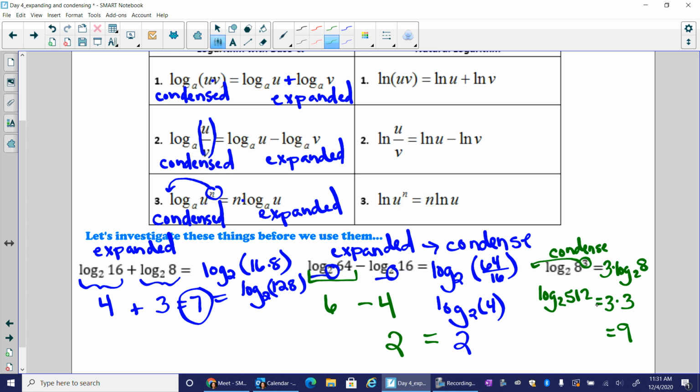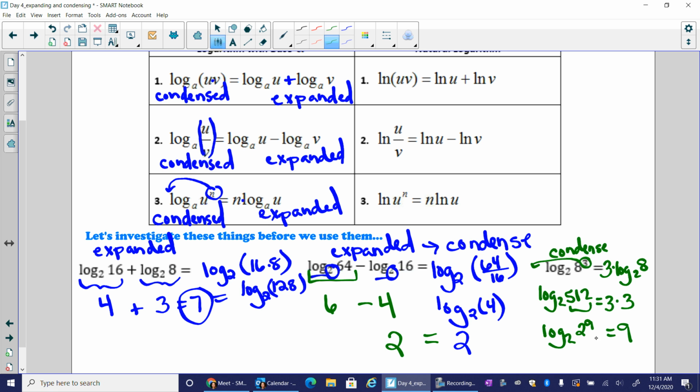Okay, so that is in fact 2 to the 9th power. 512, if I re-express it as a base of 2, is 2 to the 9th power.